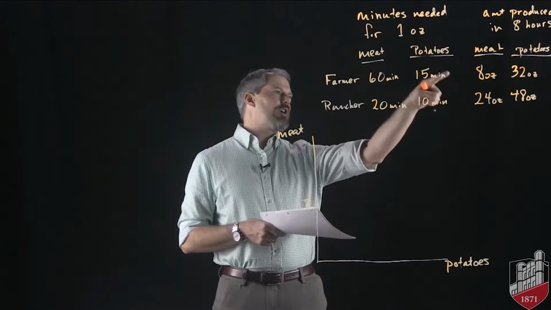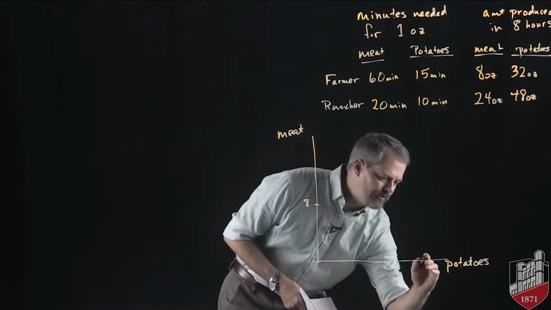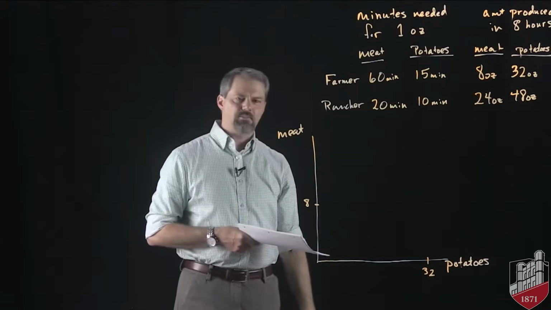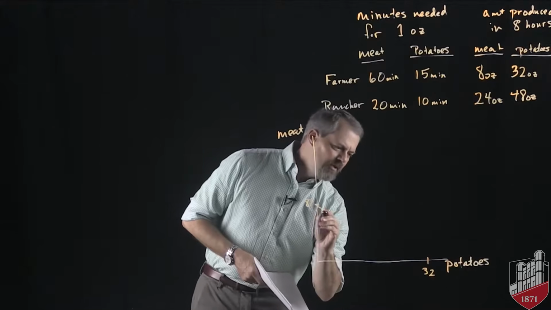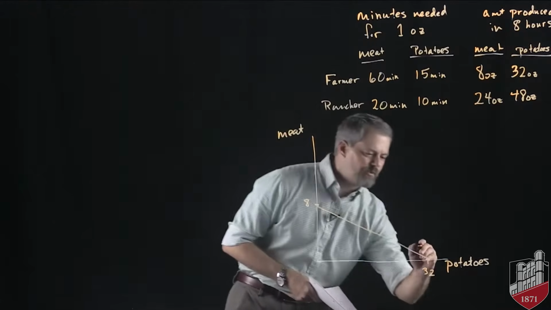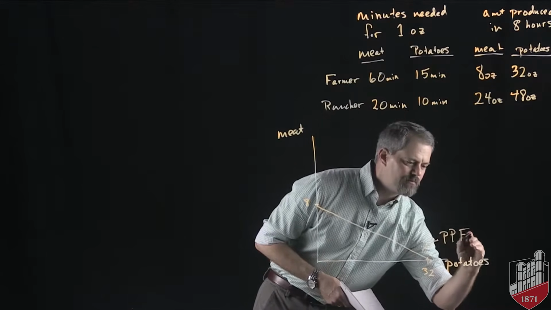On the other hand, the farmer could spend all of their time making potatoes, and in that case would have 32 ounces. So here's another point on the farmer's production possibilities frontier. And if we connect those, we get the full production possibilities frontier. So this is the farmer's PPF.